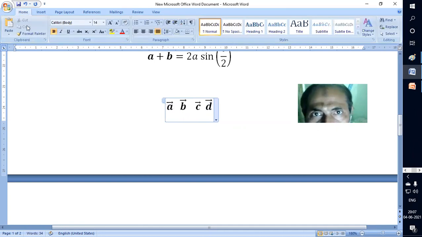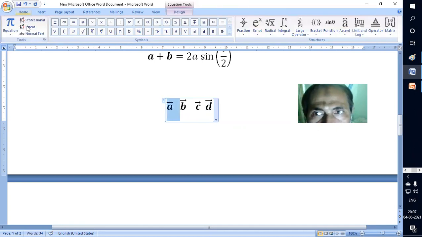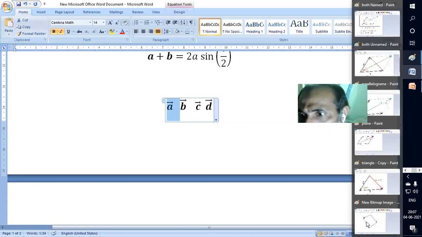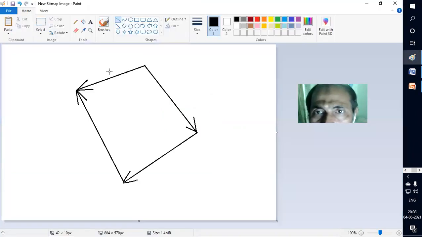Let me take this vector A. For example, this is vector A.